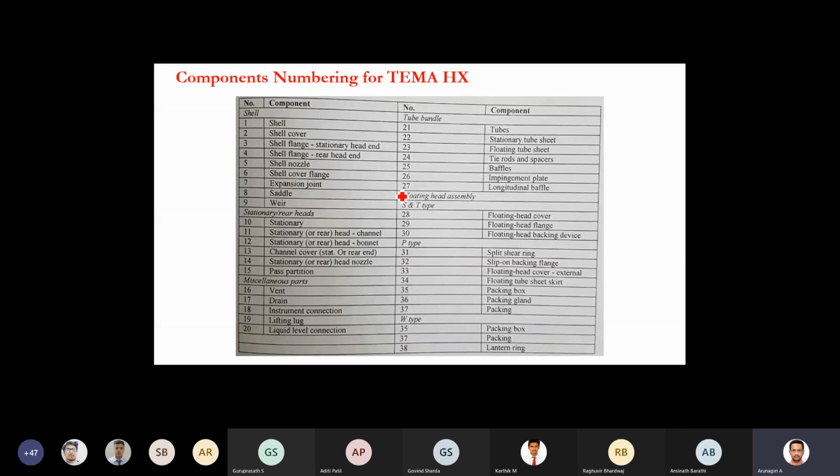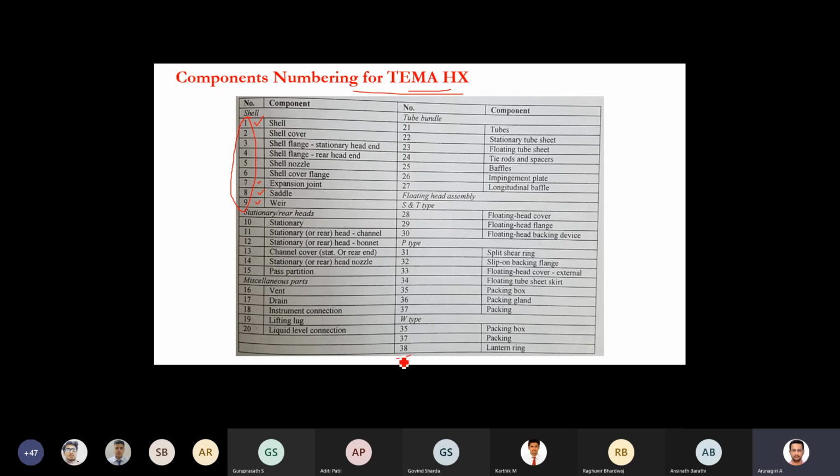So this is the component numbering as per TEMA heat exchanger. 1 always indicates shell. 9 means wear, then saddle means support, expansion joint. If you know this numbering, or if you use software, you can easily identify the component from the number.